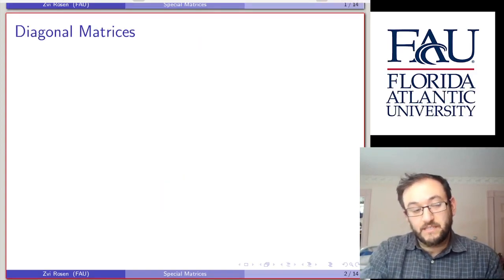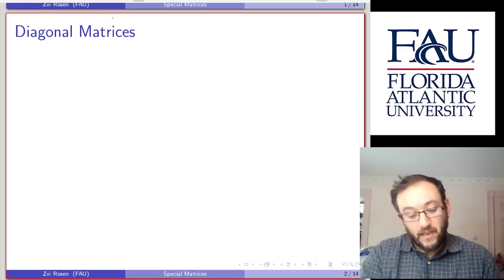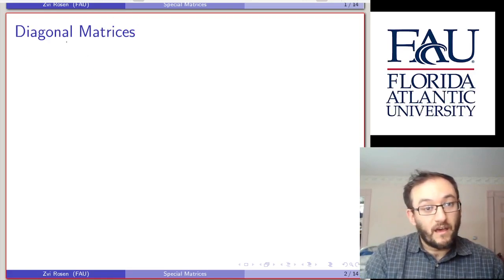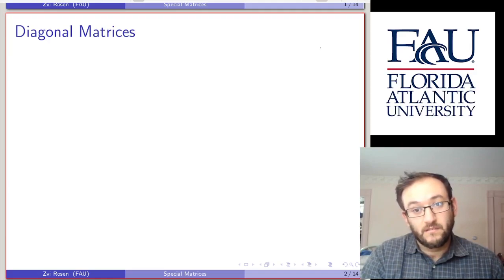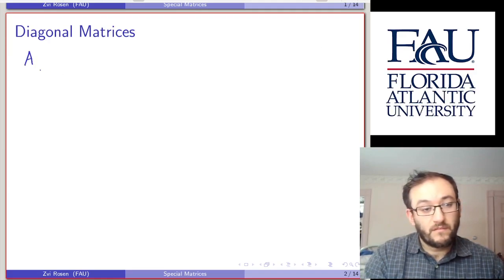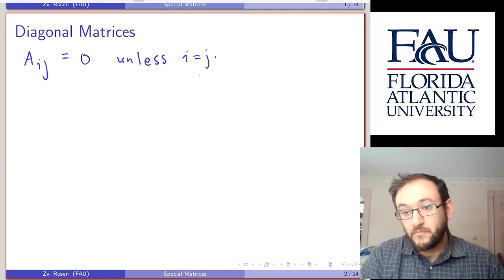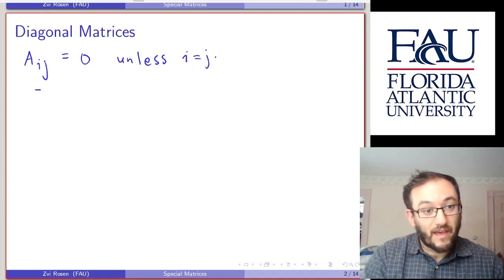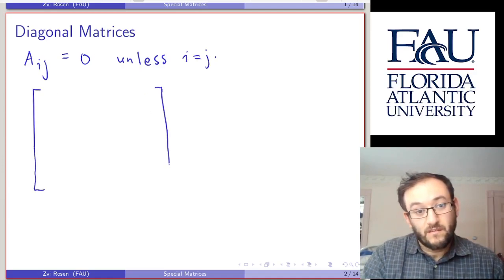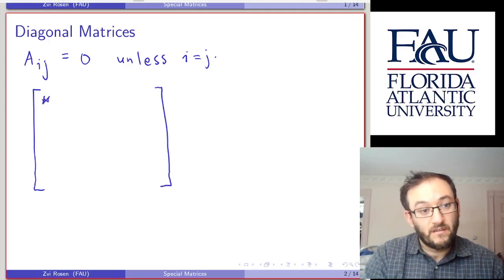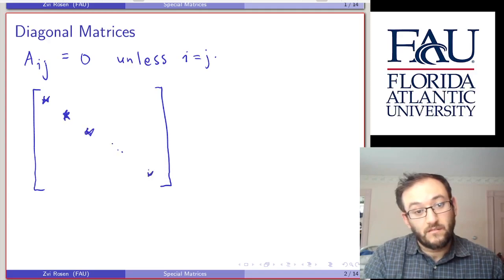Start with diagonal matrices. The idea of diagonal matrices is that our matrix A has entries a_ij which are always equal to 0 unless i is equal to j. Visually, what this looks like is you have non-zero entries on this main diagonal, but then everywhere else is 0.